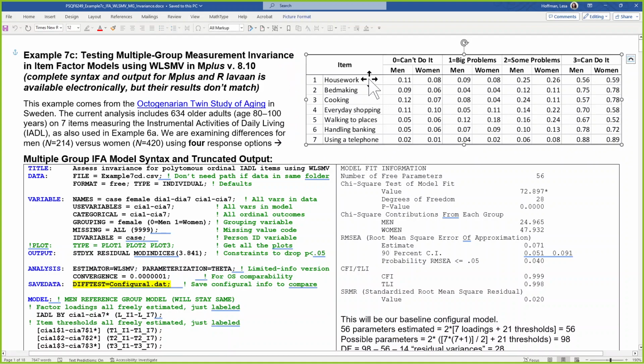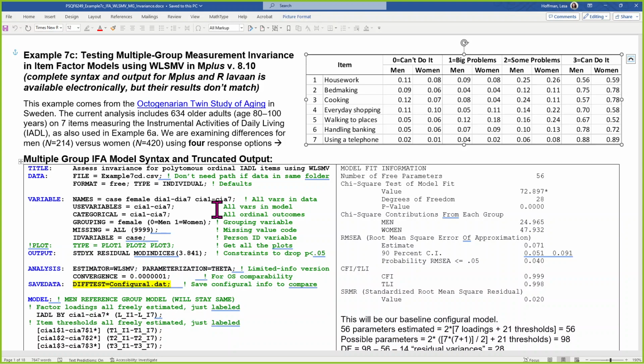So here are the differences across men and women with respect to the frequency in each category. So this is a 4-category response format for each of these 7 items, ranging from 0 to 3. And what we're looking at is whether or not men and women differ in how we would measure their ability to live independently. So you can think about this being really important in the real world, right?